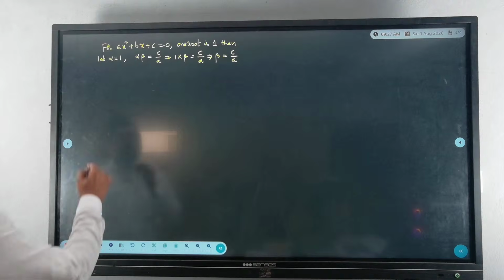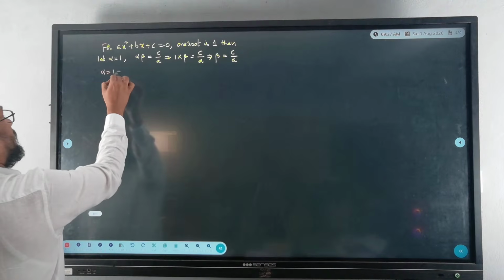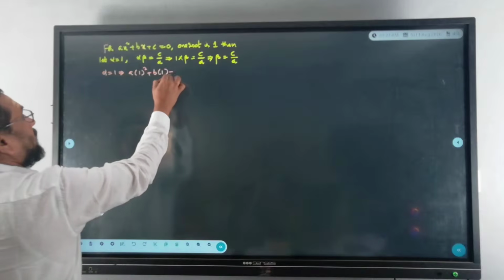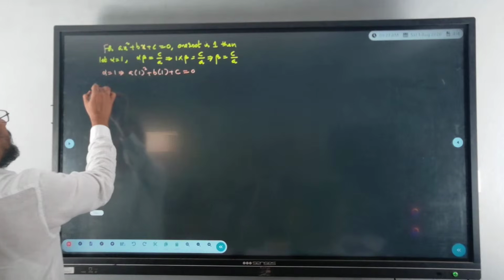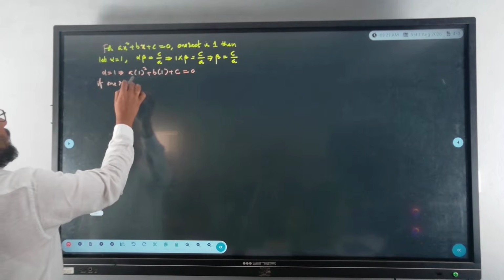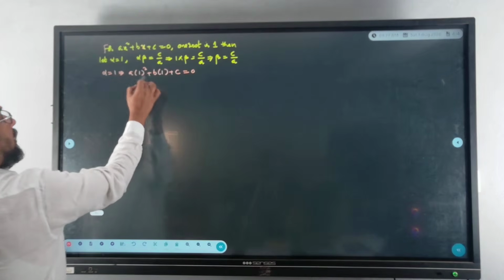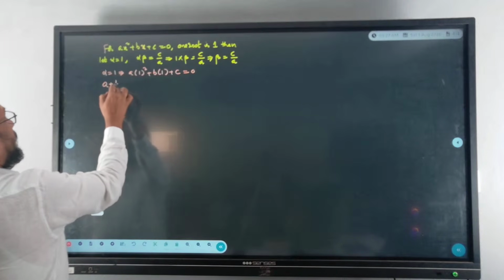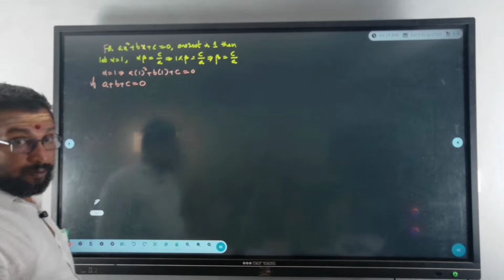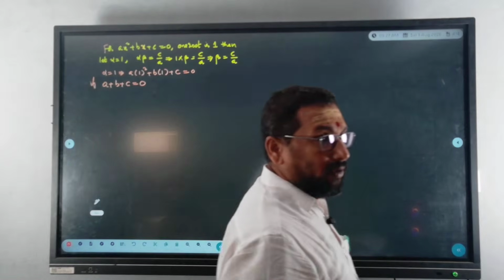Now alpha is equal to 1, then a into 1 square plus b into 1 plus c is equal to 0. So here we get a plus b plus c is equal to 0.